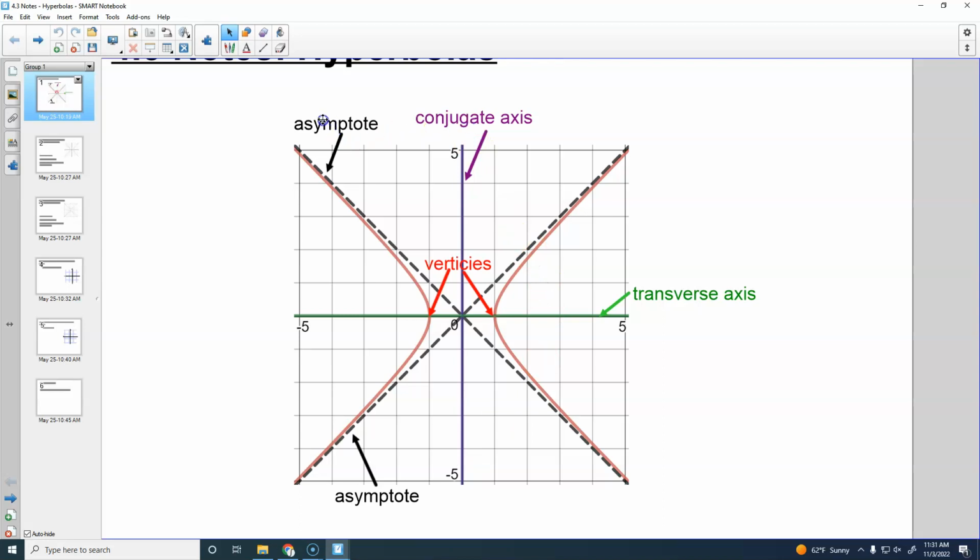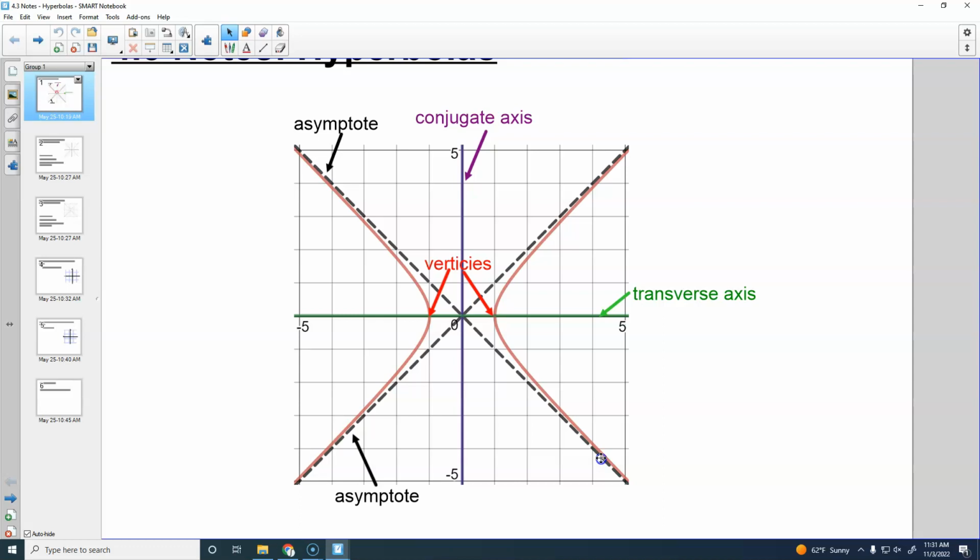And then hyperbolas are going to have slant asymptotes. So it is a lot like a rational that's been turned on its side. It's like you kind of took the x and y axis and turned them, right? And so the asymptotes are slanted in this case.